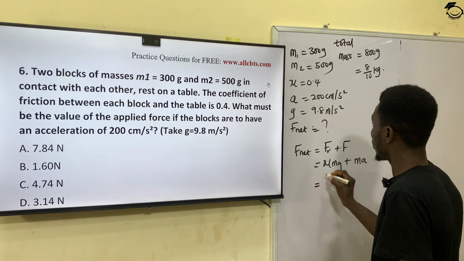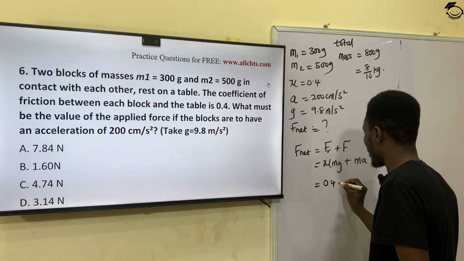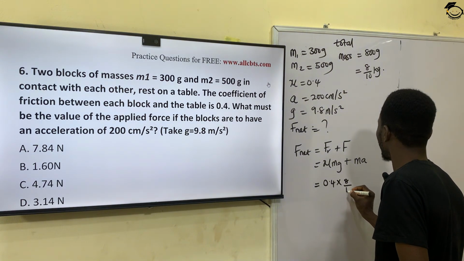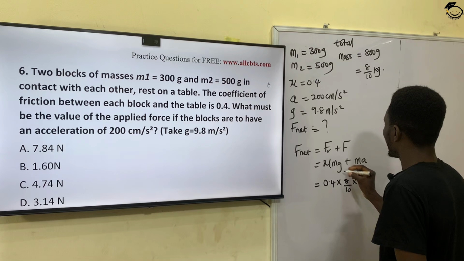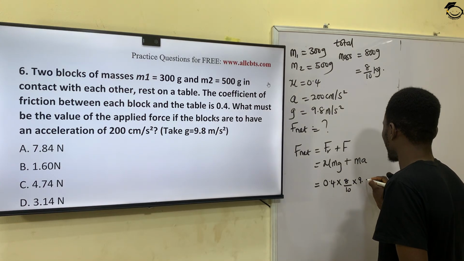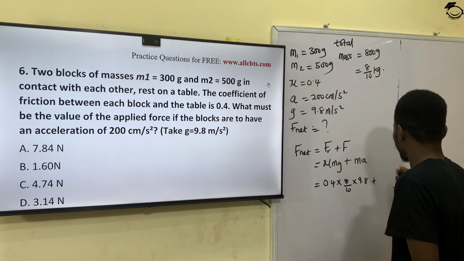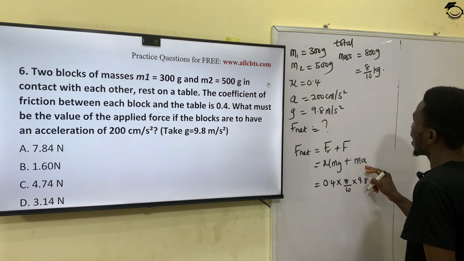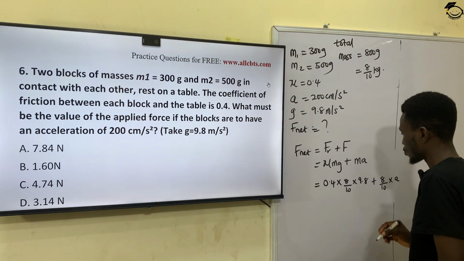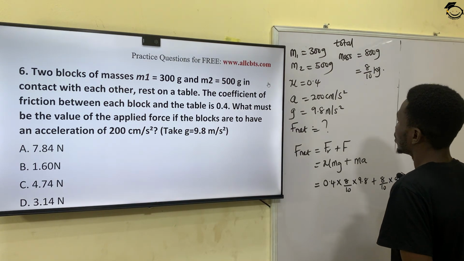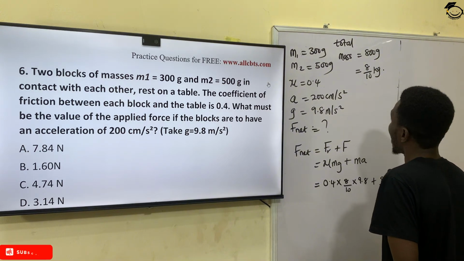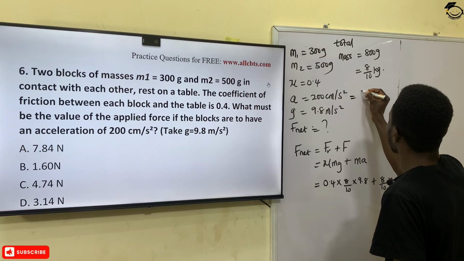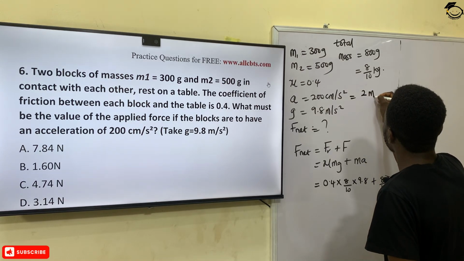So I will use this to calculate my net force. So my net force, therefore, is going to give me 0.4, which is mu, times my mass, which is 8/10, times my g, which in the question was given as 9.8. This is plus the mass, which is still 8/10, times my acceleration. Oh, acceleration was given in the question as 200 centimeter per second square, which is the same as saying I have 2 meter per second square.